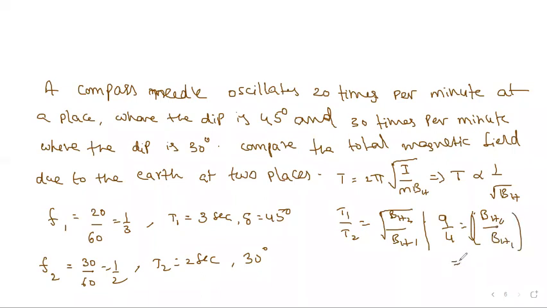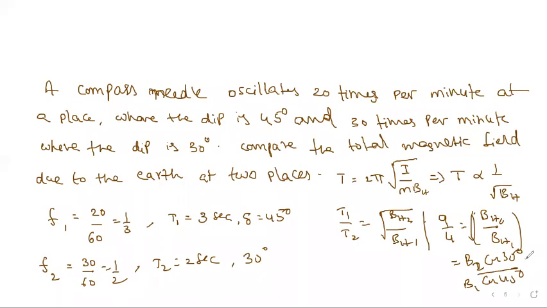Here, BH is equal to B cos theta. In the previous question also we did the same thing. BH equal to B cos theta, but the cos theta value is different in the second case and the first case. So B2 cos 30 degrees by B1 cos 45 degrees.